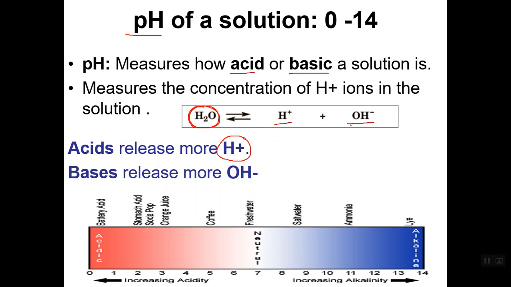It's called a hydroxide, but we can just call it an OH group here. What we care about is how many hydrogens you have. The more hydrogens you have in water, the more acidic it is, right? The less hydrogens you have in a solution of water, the less acidic it is.